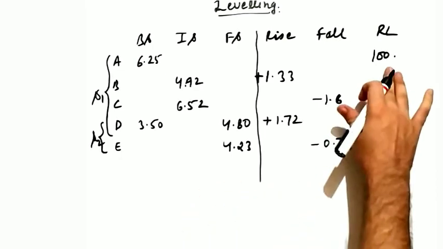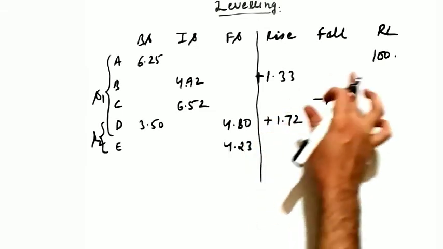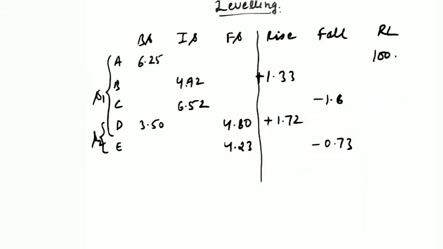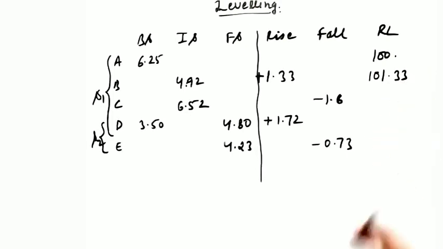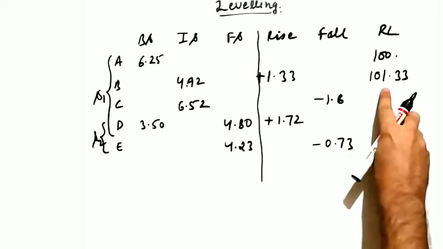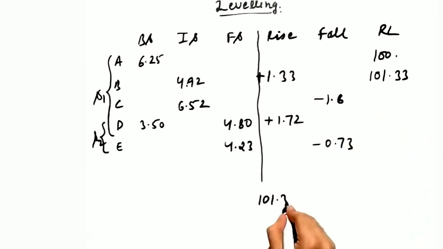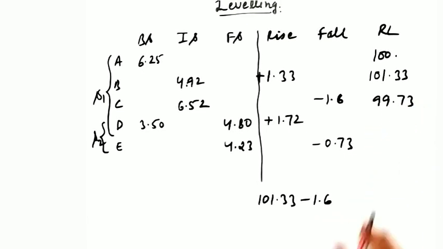Now you just have to do this. You will have to add 1.33 to this RL so that you will obtain 101.33. Now you will have to subtract this fall from this 101.33, and this will come out to be 99.73.